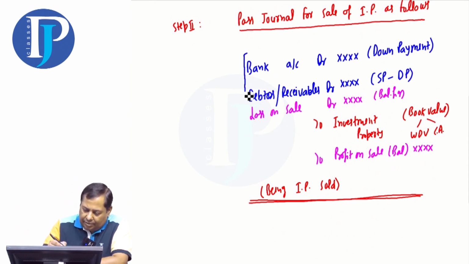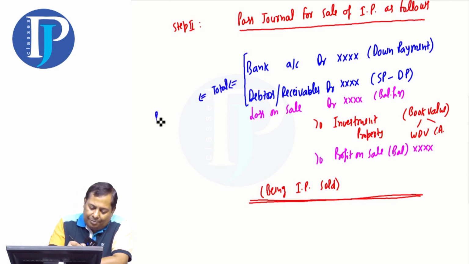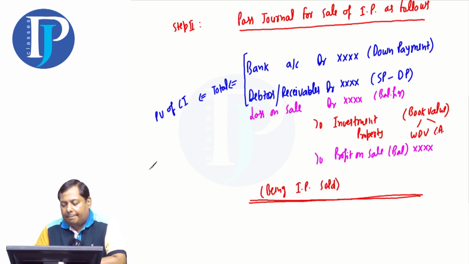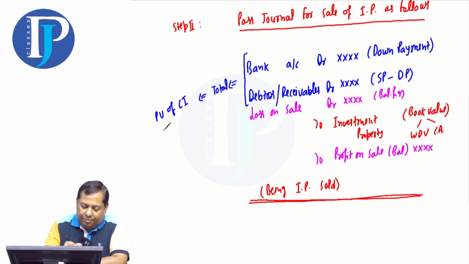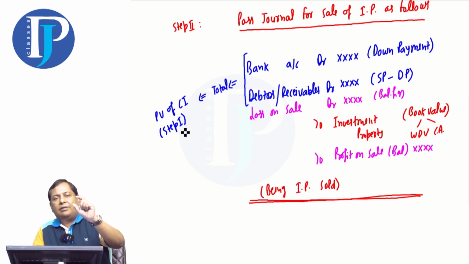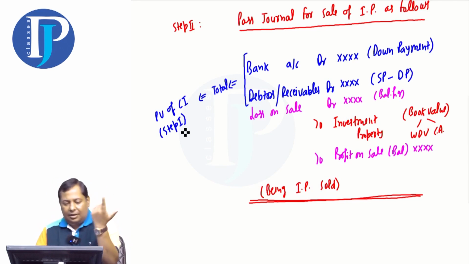And if we find their total, the total of these two, what is this total? This is the PV of cash inflows. According to step 1, this is the first step. We have one part of the PV of cash inflows as down payment and one is left. We will get it by charging interest on it.